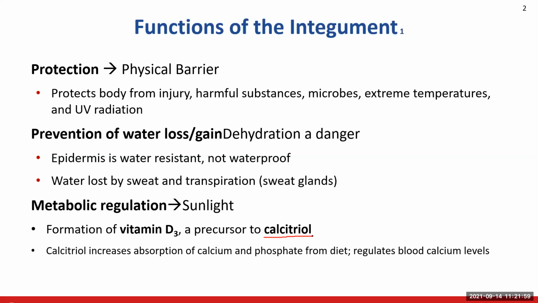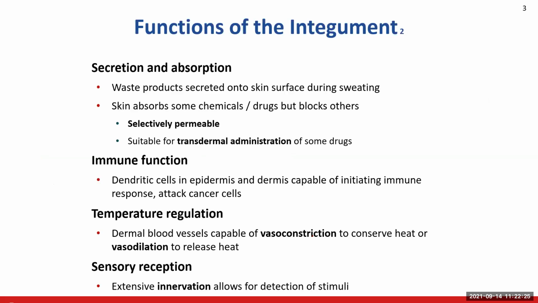And then it'll also help to release calcium that's stored in your bones. But it plays a big role when you are digesting food, in that it increases the absorption, especially in the small intestine, of calcium and phosphate from your digestive tract, and helps to place it into your blood. Secretion and absorption.